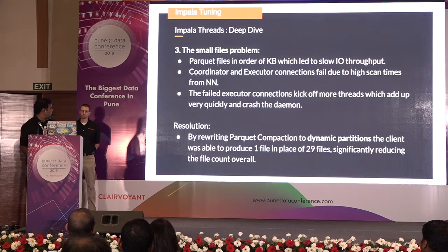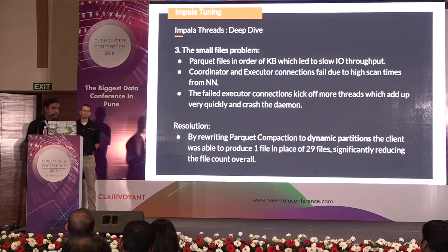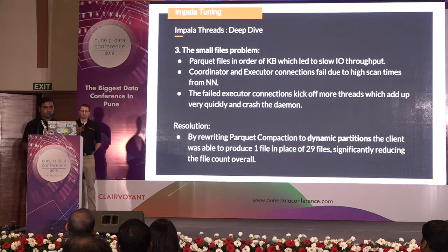Now, the failed executor connections. Okay, I forgot one thing. When we had those failed executors, the thread graph which I showed you earlier increased the problems with the threads because the disk was unable to write, and the consequent failures with the connections were creating those problems.